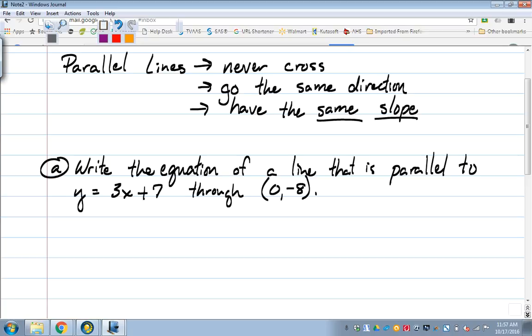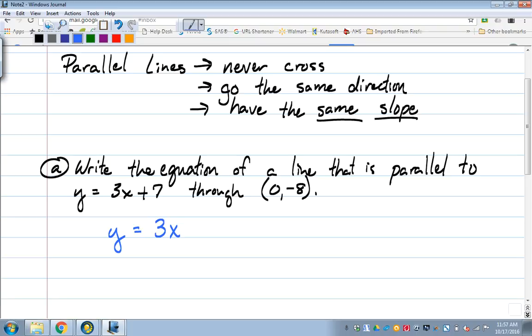All right, so pretty easy thing to do here. What's the slope of the equation that they gave me? 3. What's the slope of my new line? 3. They're parallel. They're going to use the same slope. So my new equation has a 3x in there.